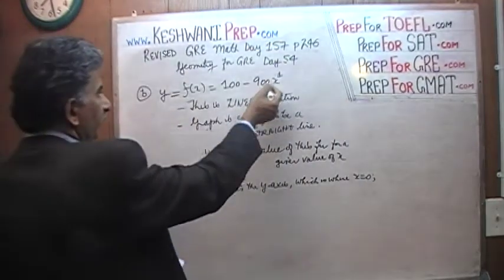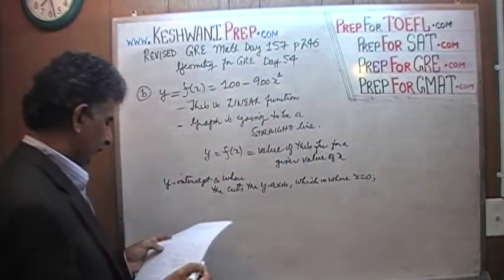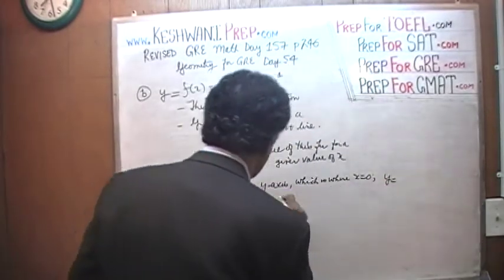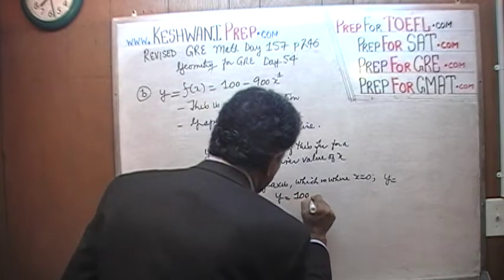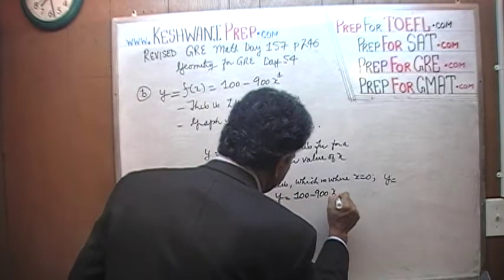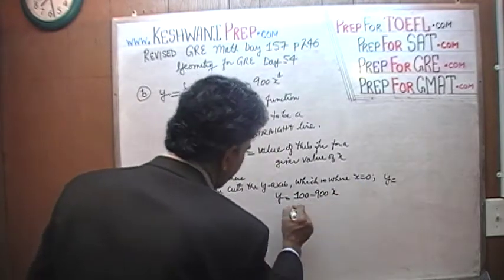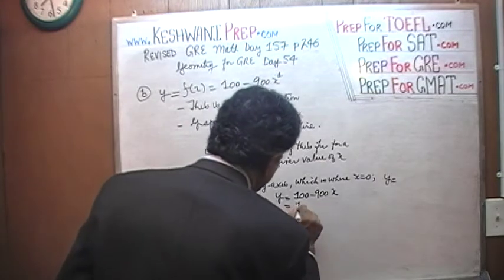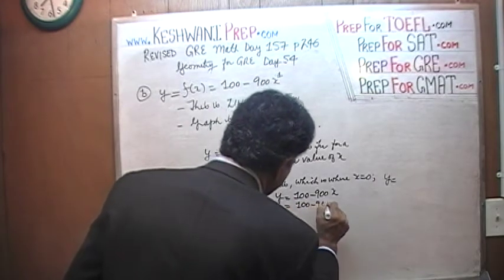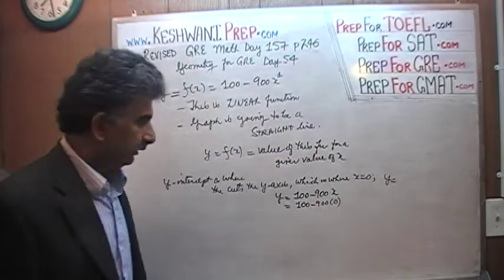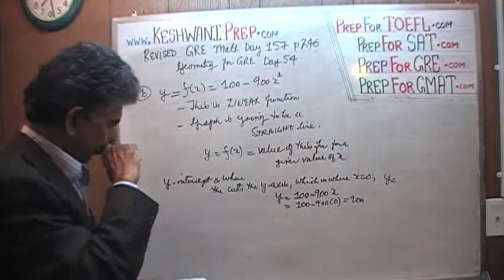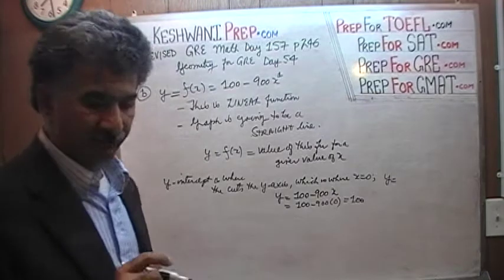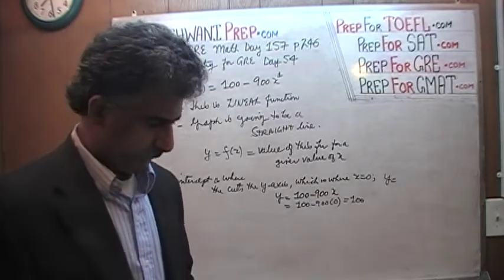So we put x equal to 0 in this equation and we'll find our y-intercept. We are told y equals 100 minus 900 times x. We put in x equal to 0. 900 times 0 is 0, so the y-intercept is equal to 100. The place where it cuts the y-axis is going to be at 100.